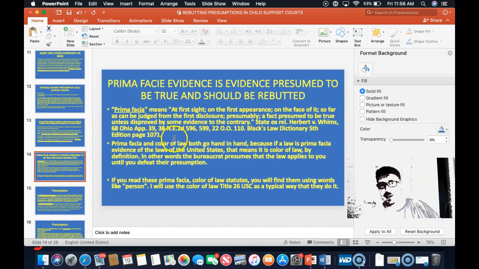Prima facie and color of law both go hand in hand. Color of law is really fake laws. They're unconstitutional laws, which you have to challenge. If you read these prima facie color of law statutes, you will find them using words like person all the time.